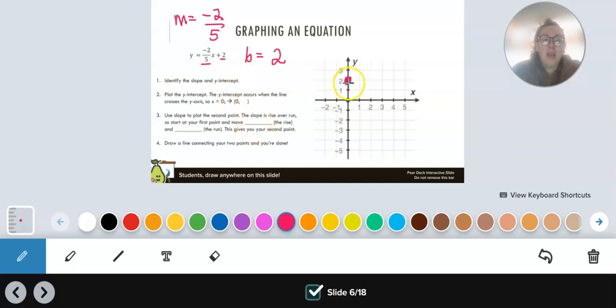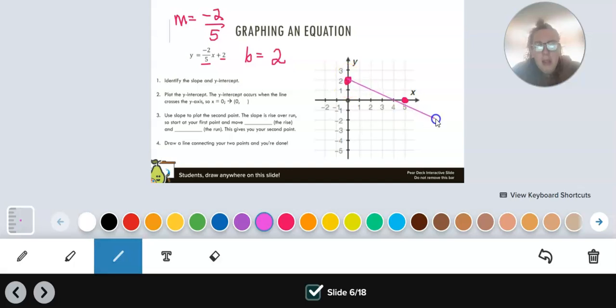So we're going to go down 2 over 5 and put a dot. And then I'm going to use my line tool, connect those points all the way through and put some arrows on the end. And there is our graph. Push ahead for slide 7 when you're ready.